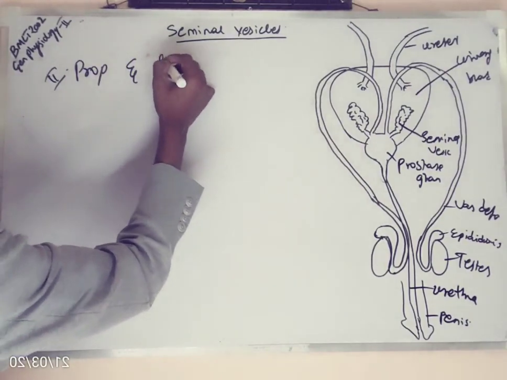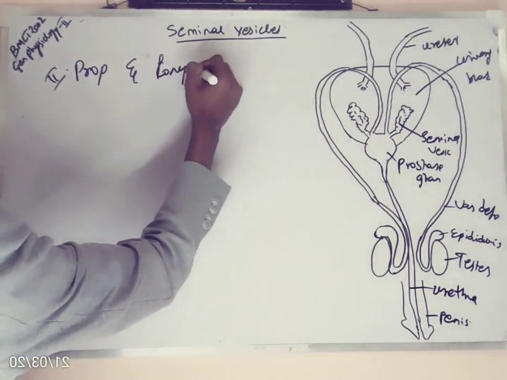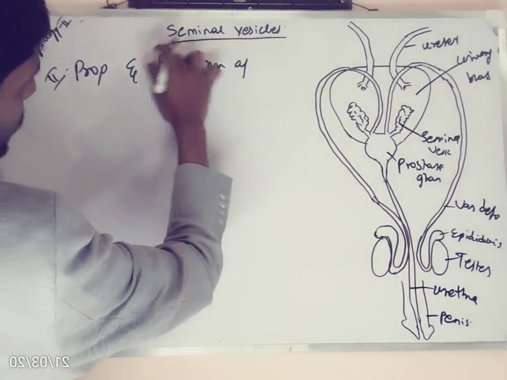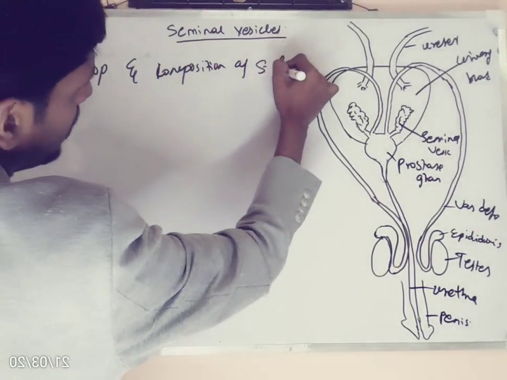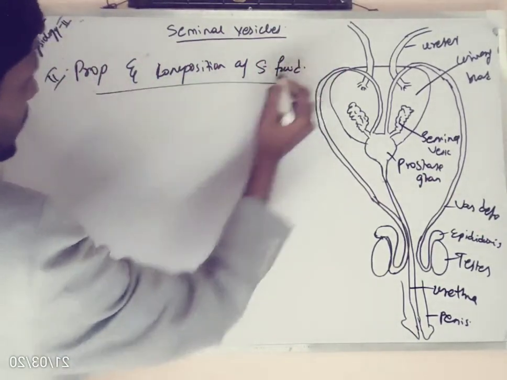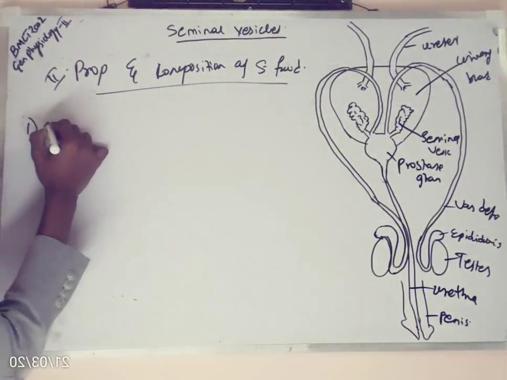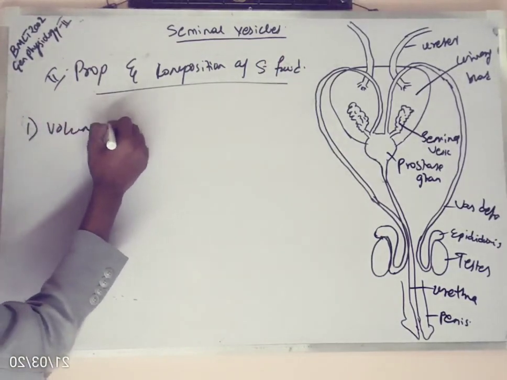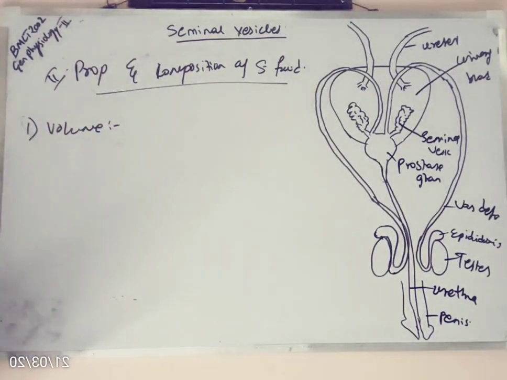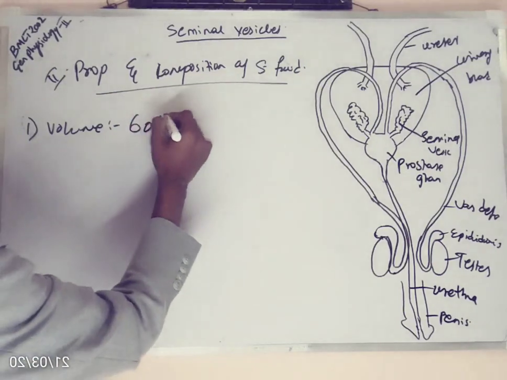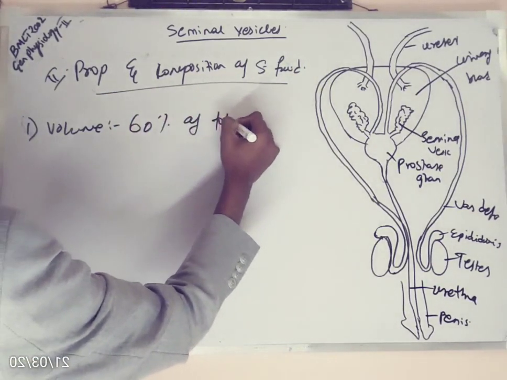Properties and composition of seminal fluid. So properties include volume. Seminal fluid is almost 60% of total semen.